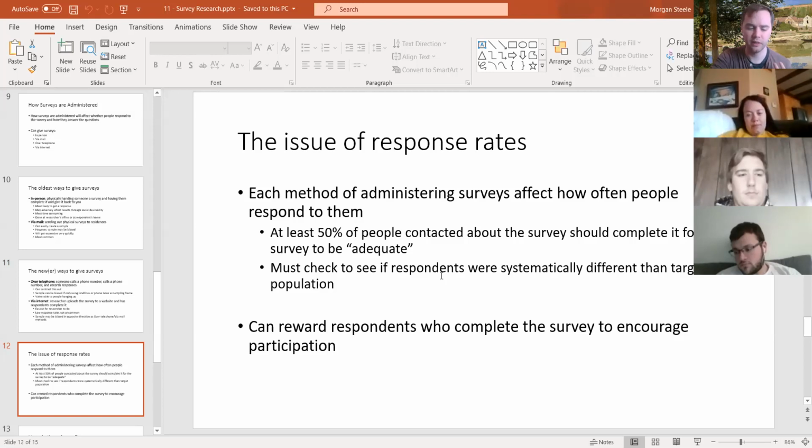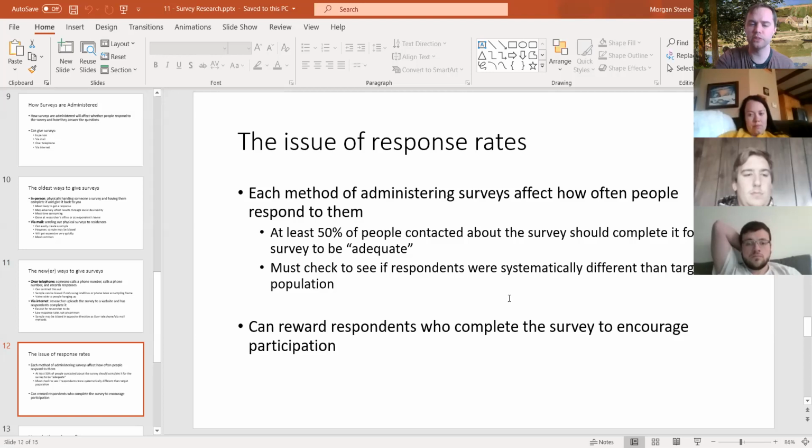For instance, if no one in the Worth College of Business completed the survey of perceptions of the police and fear of crime, our sample would be systematically biased. We would not know anything about a key component of the university.